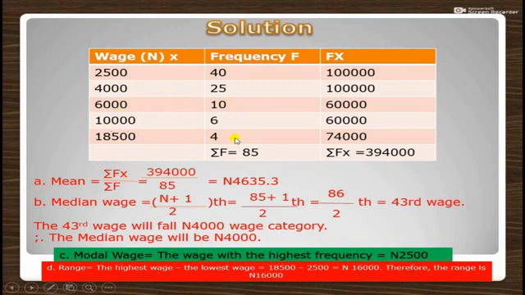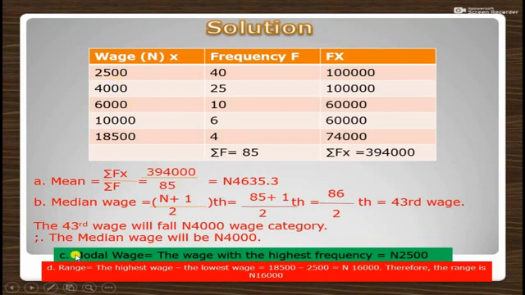And 4 people are paid 18,500 naira. So which of these wages have more people? Of course, that is 40. So the wage with the highest frequency is 2,500, because there are 40 people who receive 2,500 naira as their wage.